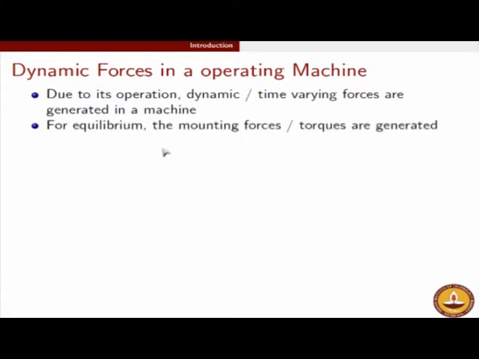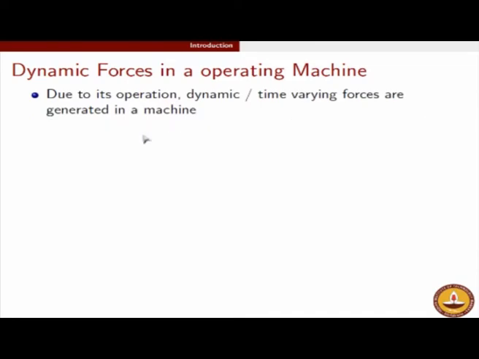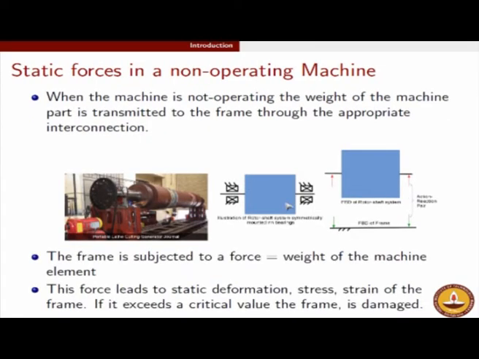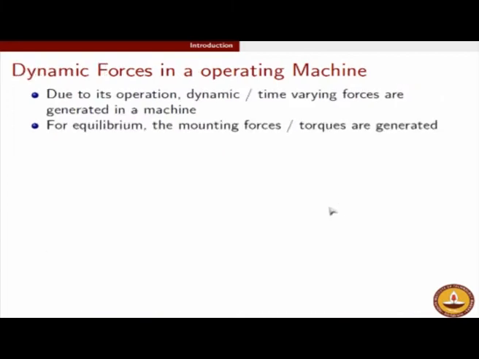So let's see how. And as usual, even in this case, we must have the total forces and the total moments be zero. Just like we did the equilibrium configuration for a non-operating machine, similarly once the machine has started operating, we will try and fix what the equilibrium conditions are in terms of forces and in terms of moments.